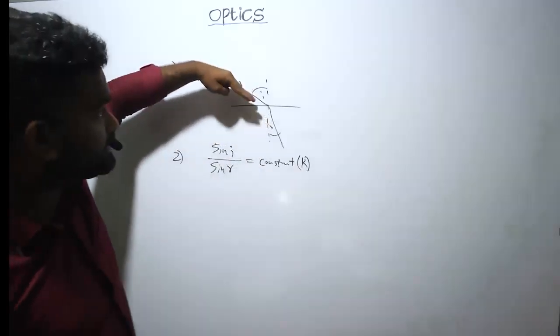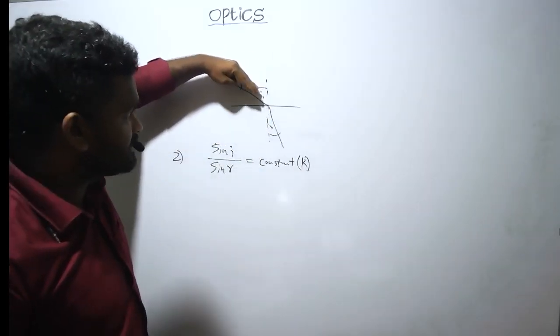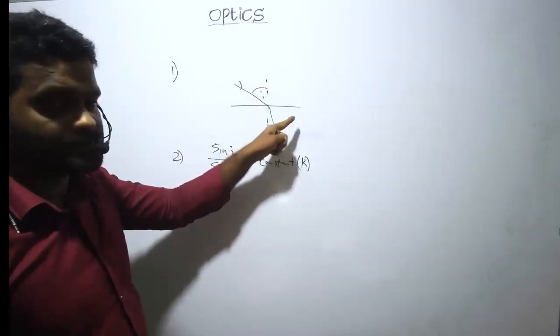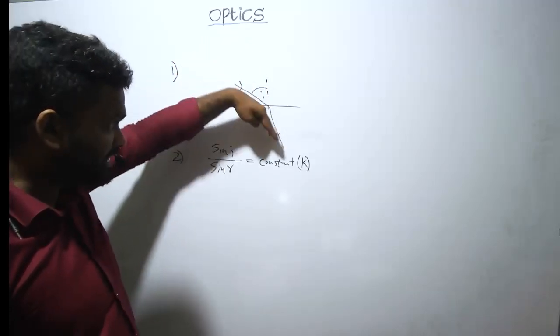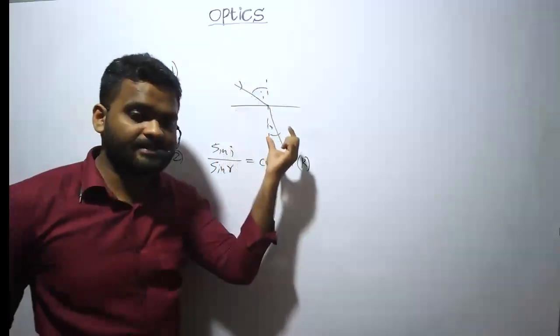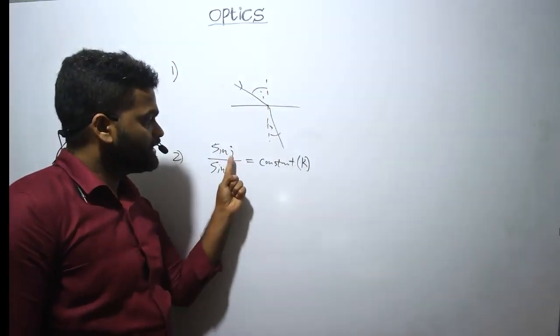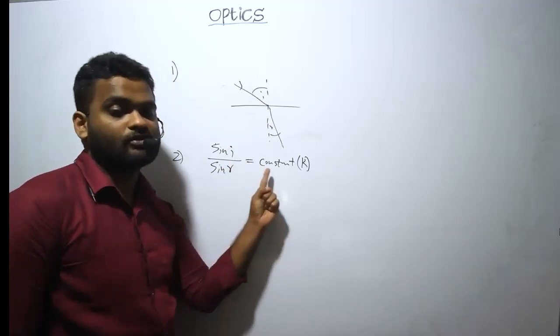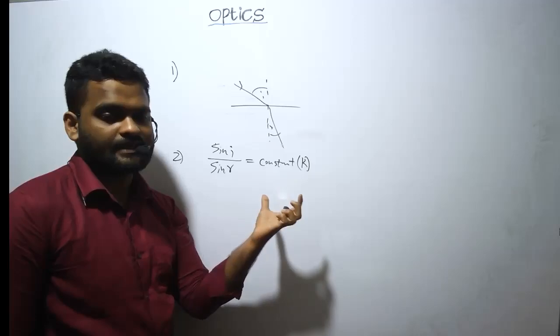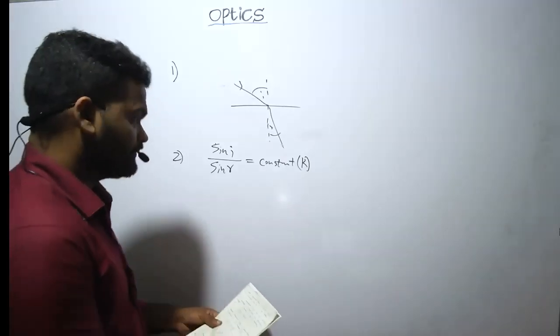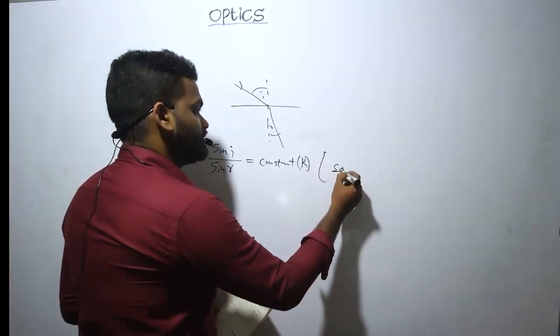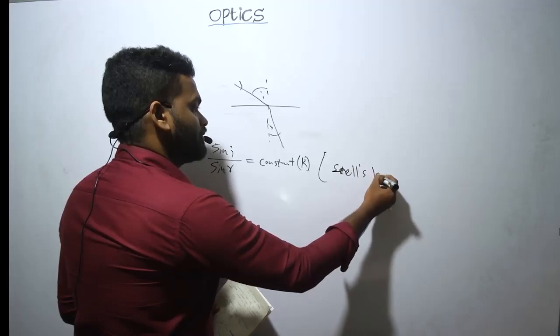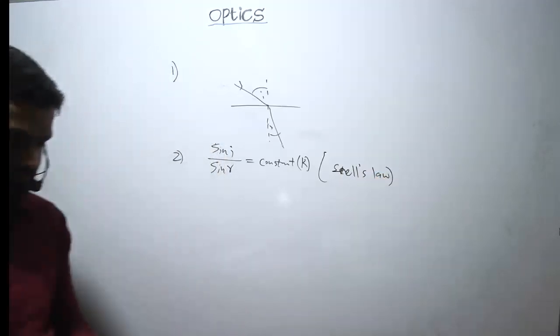Even if you change the angle, let's say you increase this I, R increases. By changing that, this ratio is kept constant, right? So that is what we call Snell's law actually.